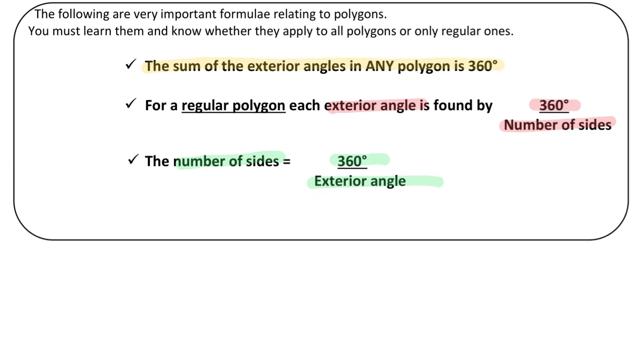So if we consider a polygon, let's start off with a quadrilateral. And what we can do is, if we were to mark on all the exterior angles, then to get from the first angle all the way around, we've turned through a full revolution. Now one of the ways we can clearly see that is if we zoom out.